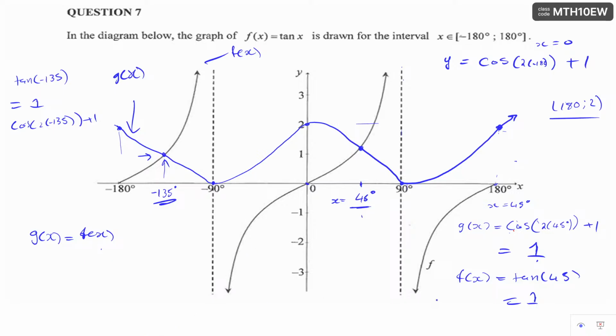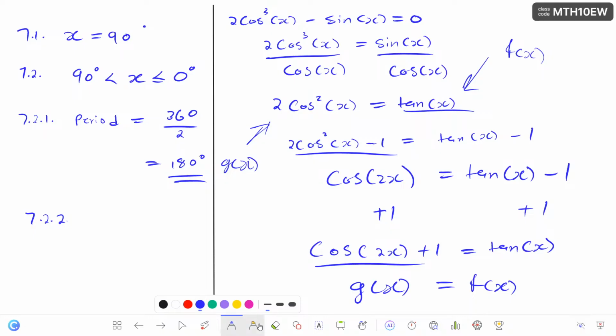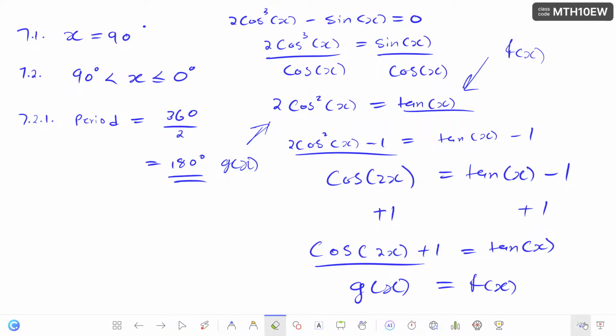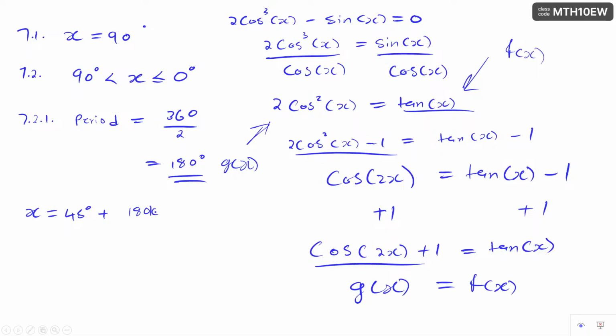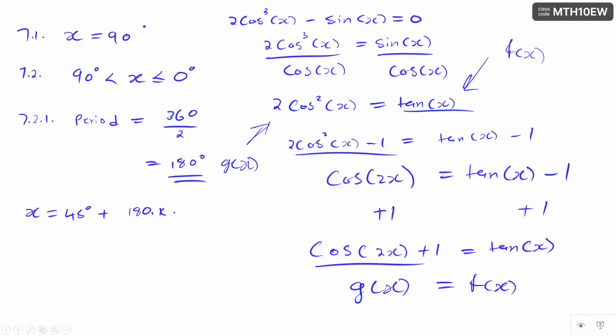So my general solution is going to be, okay, let me write it here. So my general solution is going to be x is equal to 45 degrees plus 180k, oh sorry, yeah, plus 180k where k is an element of the integers.